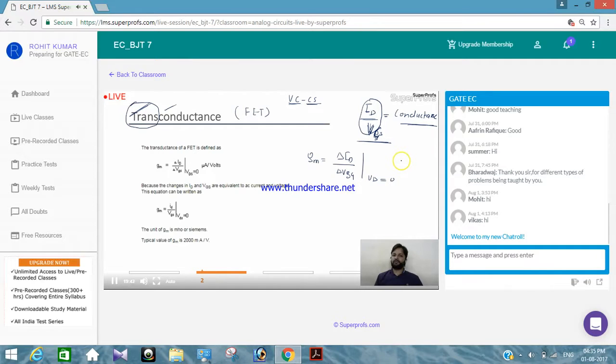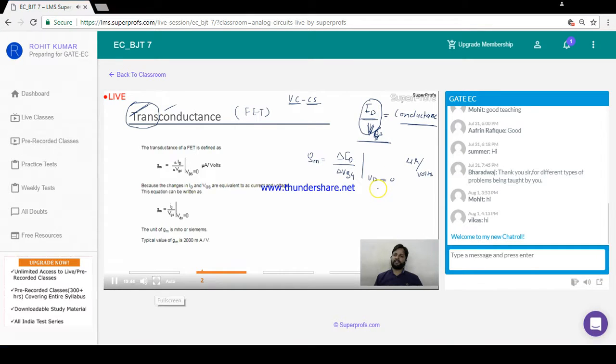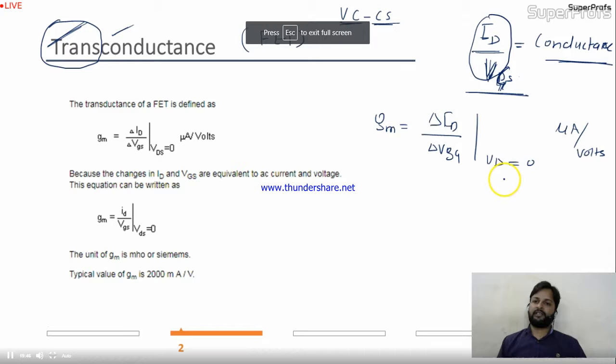Microampere per volts. So del ID by del VGS, keeping VDS equal to 0, is your transconductance.